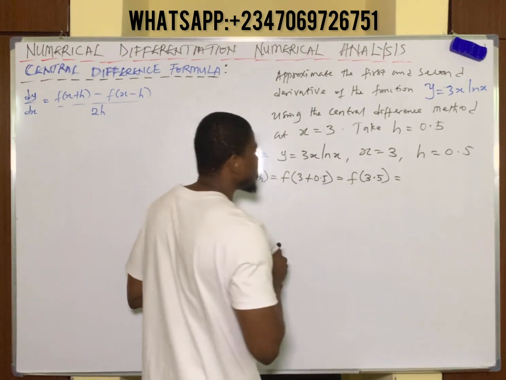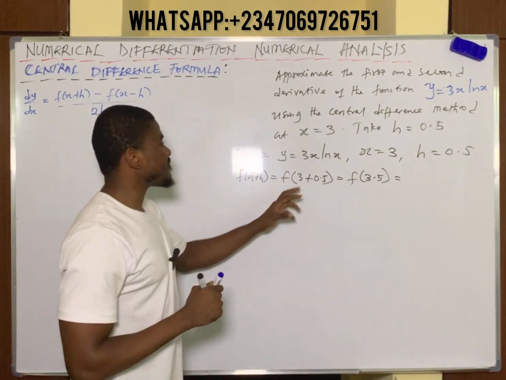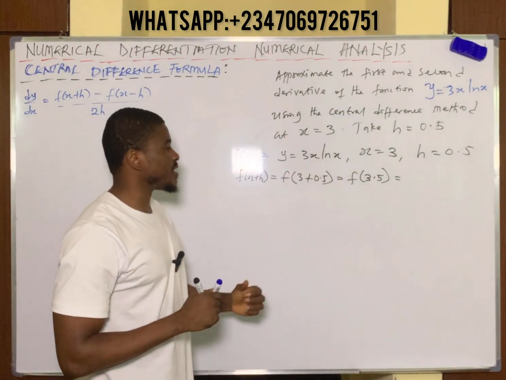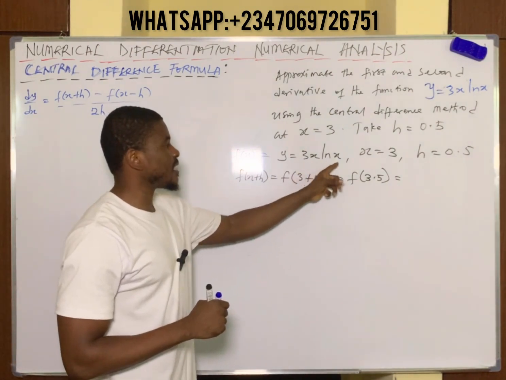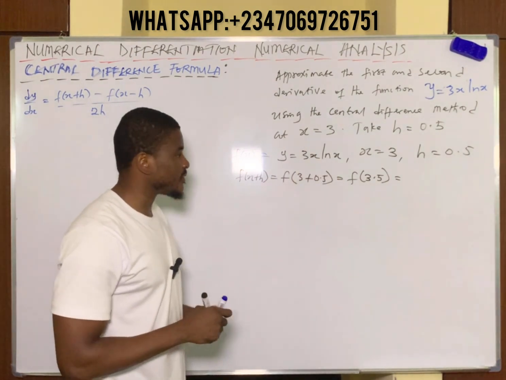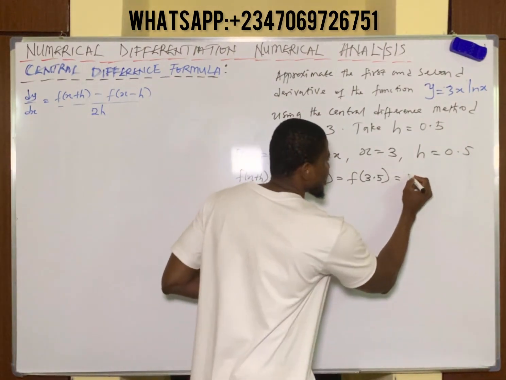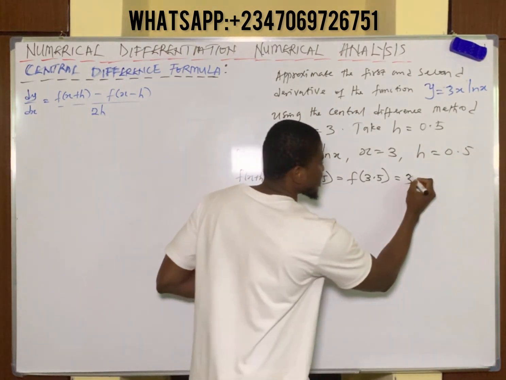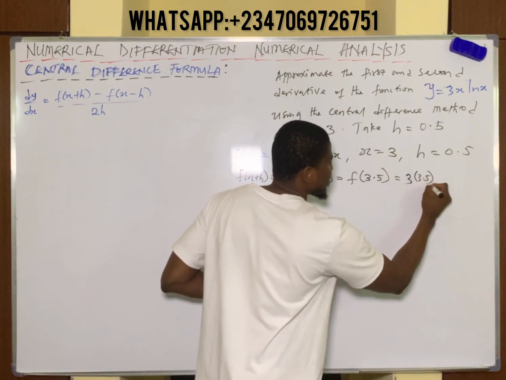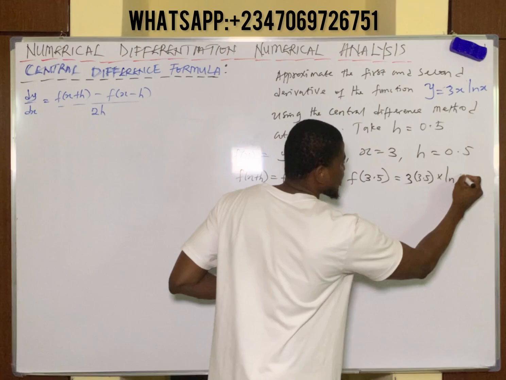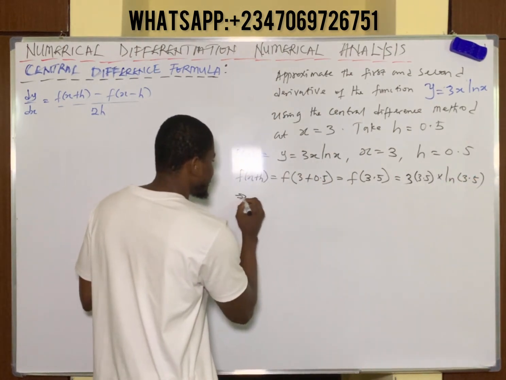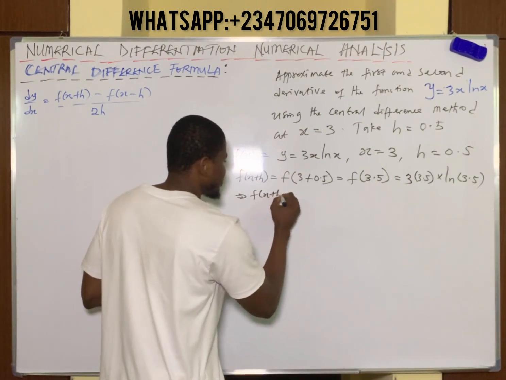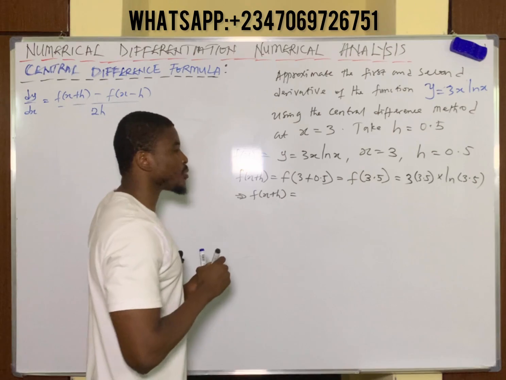Now this means in the given function, wherever you see x, simply plug in the value 3.5. So you're going to have 3 times 3.5 multiplied by ln 3.5.